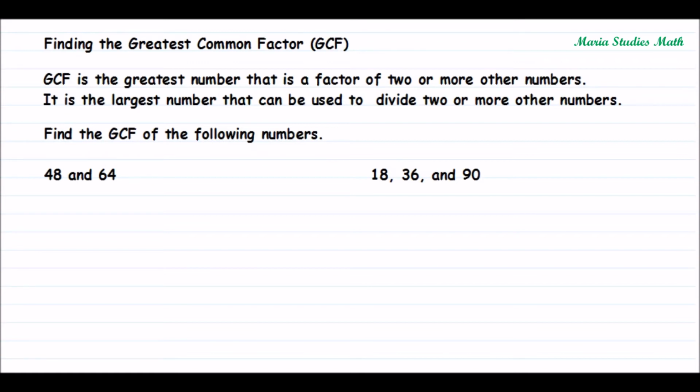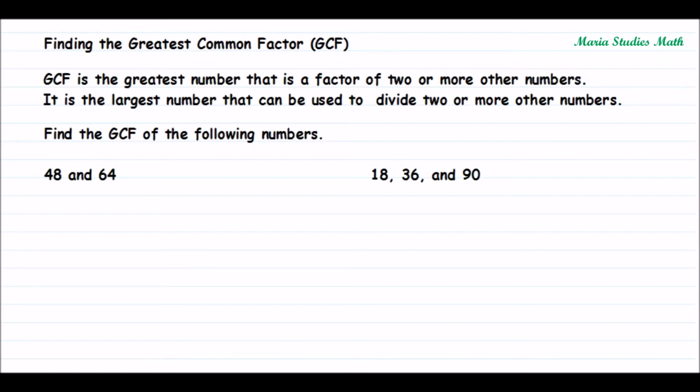There is the listing method, wherein you list all the possible factors of the given numbers, or you could divide them by prime numbers, or another way is to do the prime factorization tree. So that is what we will be using for today.